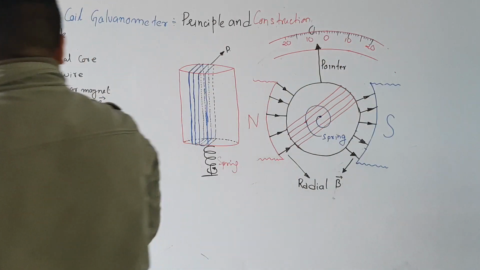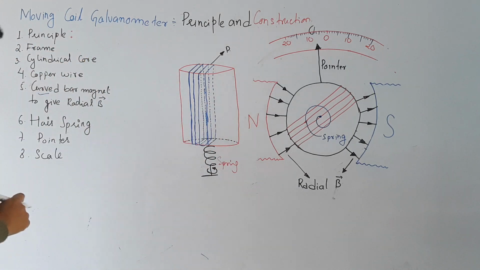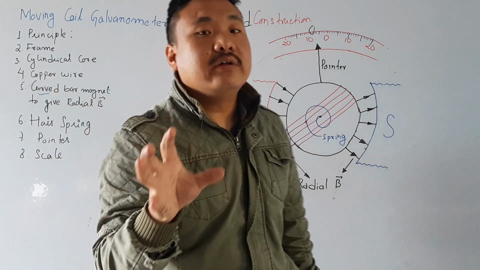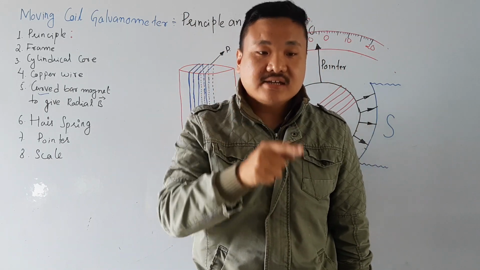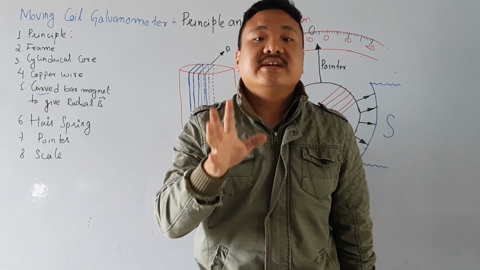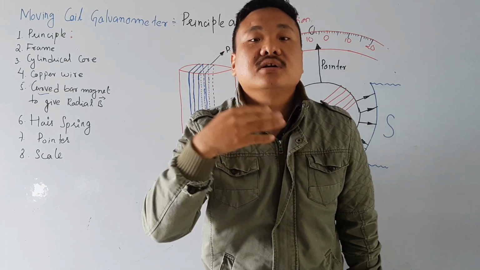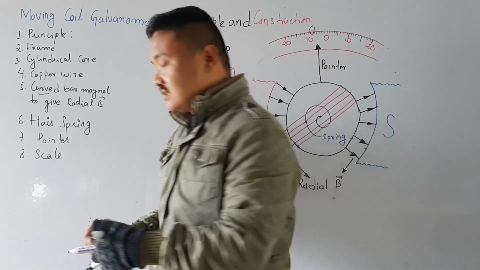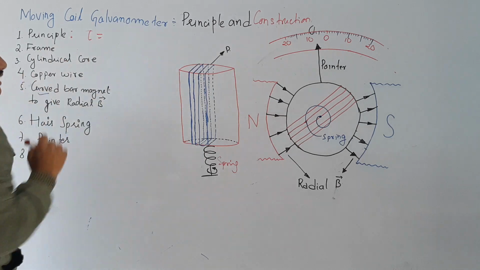First of all, the principle. Once the diagram is done, the principle is that it works on the principle that whenever a rectangular loop is placed in a uniform magnetic field, it will experience a torque. This is my torque: tau equals N I A B sin theta, which we studied in the last lecture.